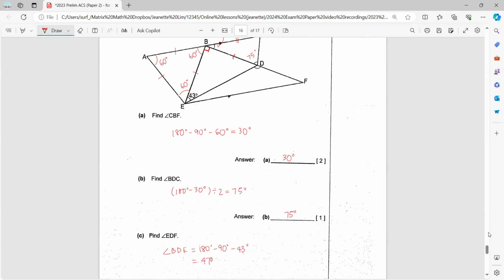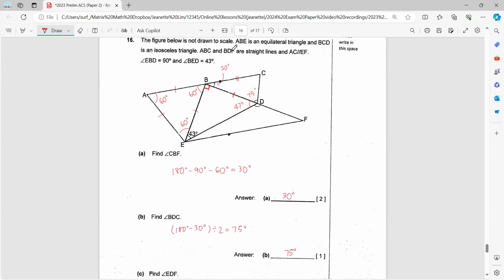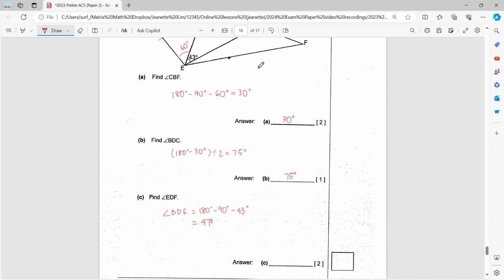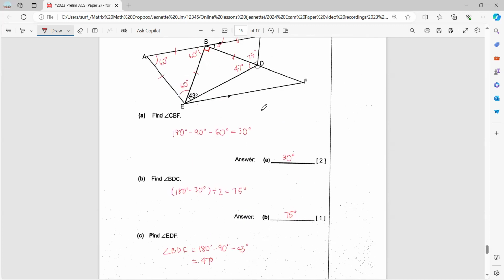So 47 degrees is here. Then angles on a straight line. We can't assume that this is a straight line. The question has to state, which the question did, BDF. Otherwise you cannot apply this. So BDF is a straight line, so 180 minus 47.